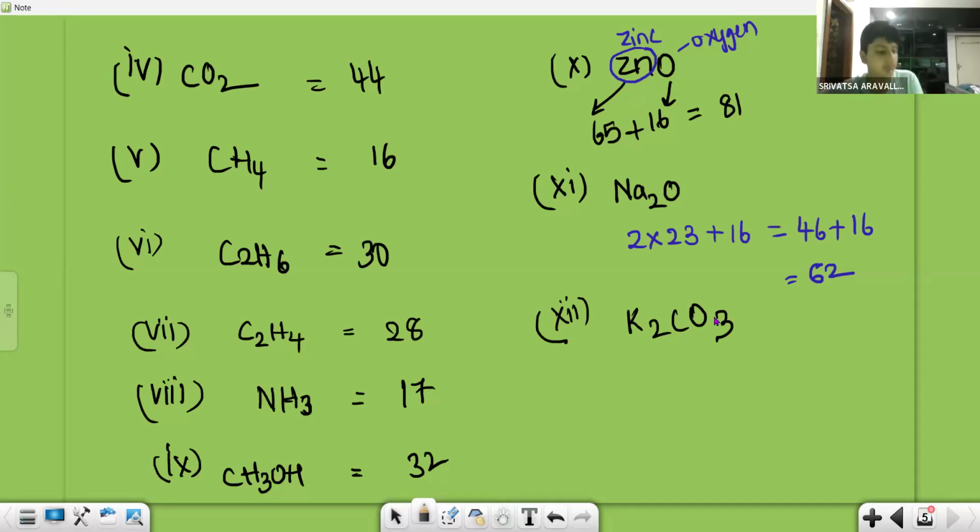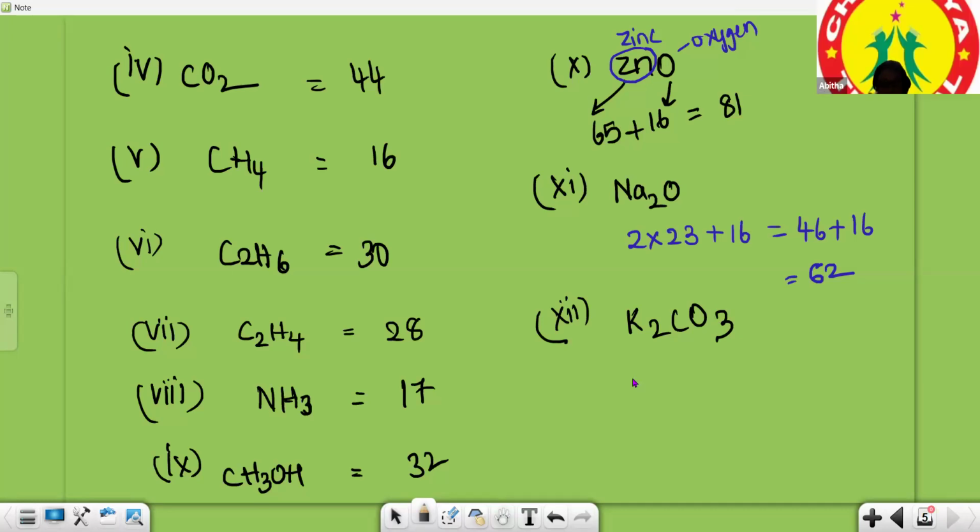Can you tell me the atomic number of potassium? Calcium is 20, potassium is 19. If potassium is 19, then atomic weight must be 38 plus 1, 39.